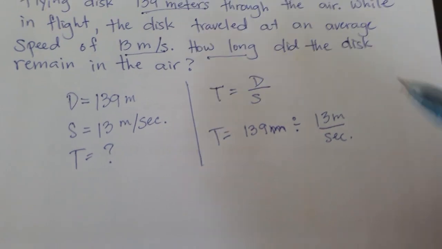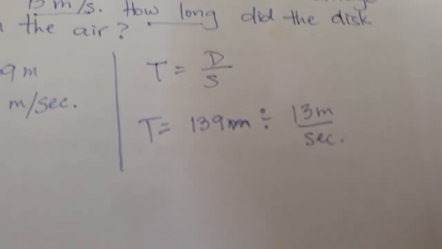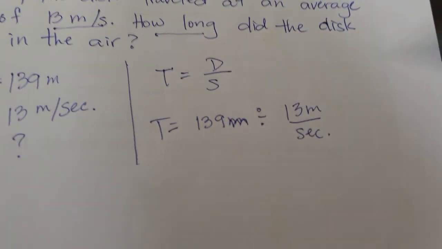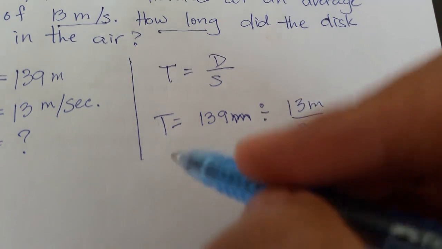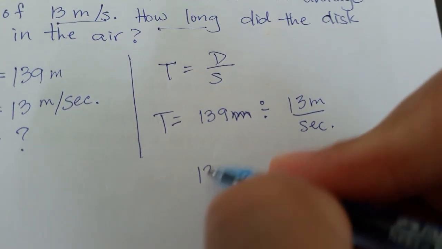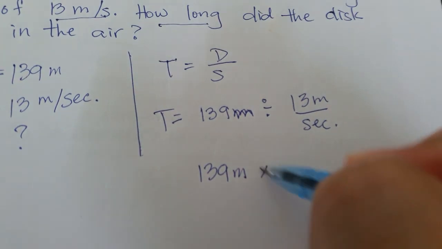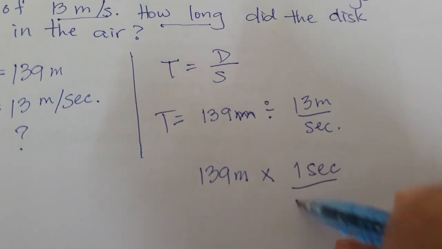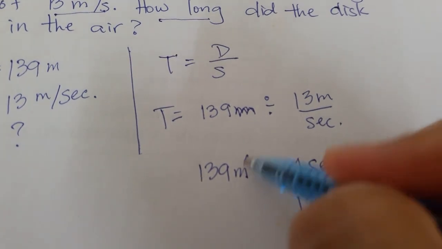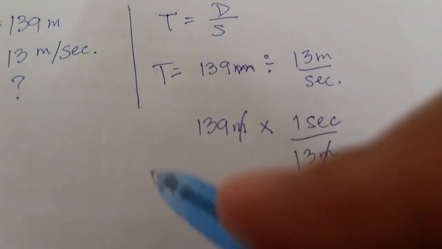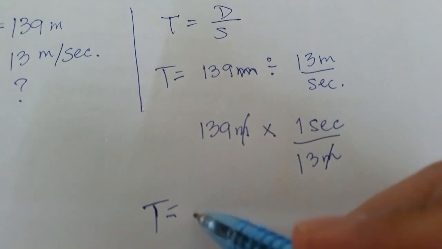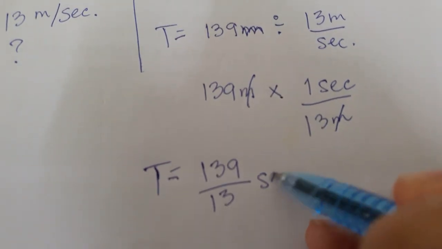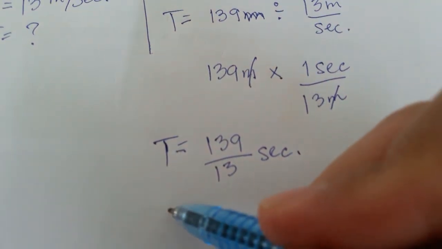So dividing the fraction, we write it vice versa, or the reciprocal. 139 meters and then use multiplication. So 1 second over 13 meters. And do the cancellation. So for the time, 139 divided by 13 is seconds.